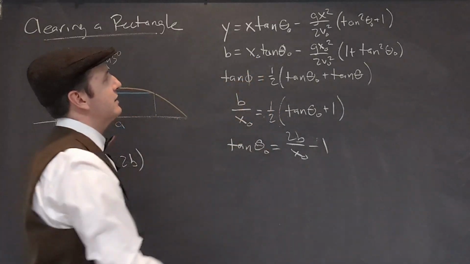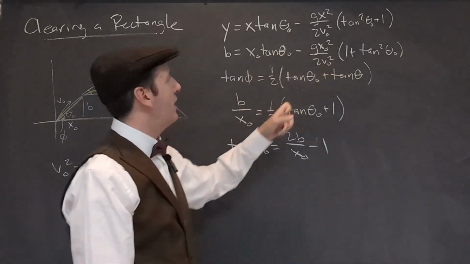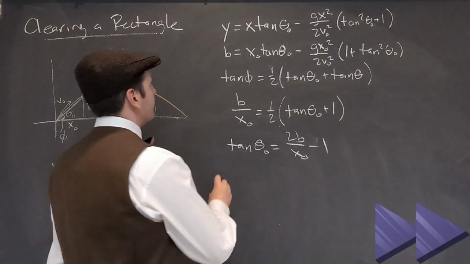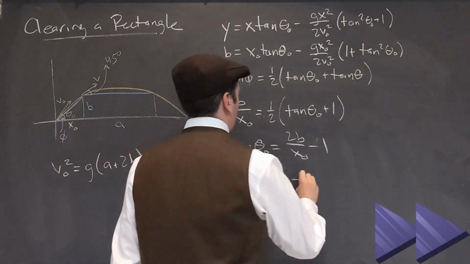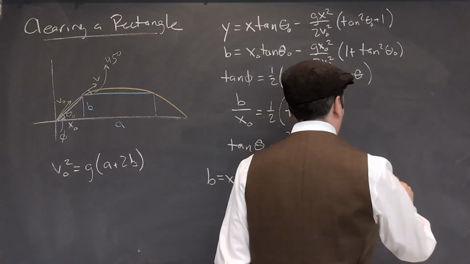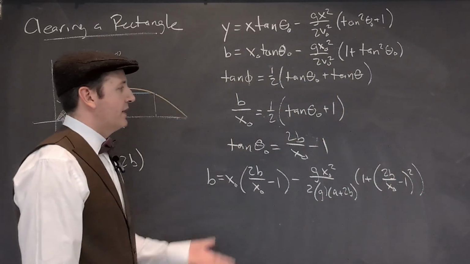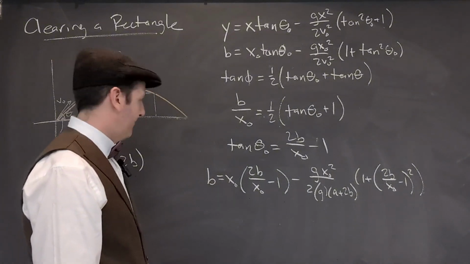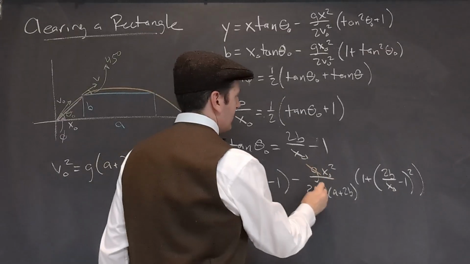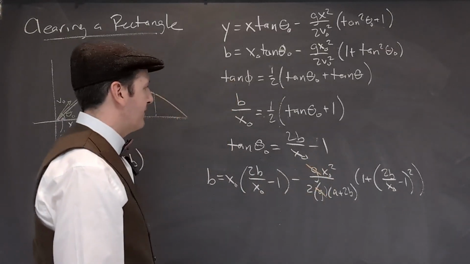Let's sub that in here in these two tan theta naughts, and while we're at it, I'll go ahead and plug in our result we got earlier for the minimum speed. Okay, again, it is a little messy, but such is life. I'll go ahead and cancel out these g's, that's kind of nice.